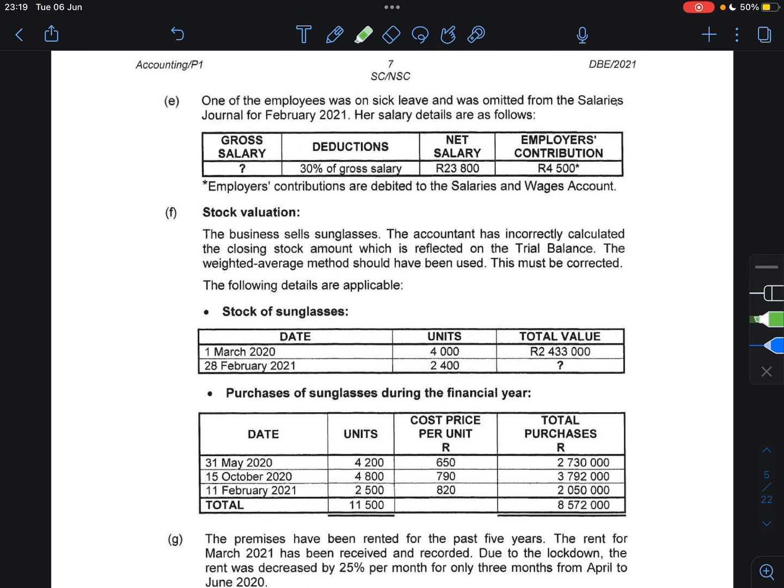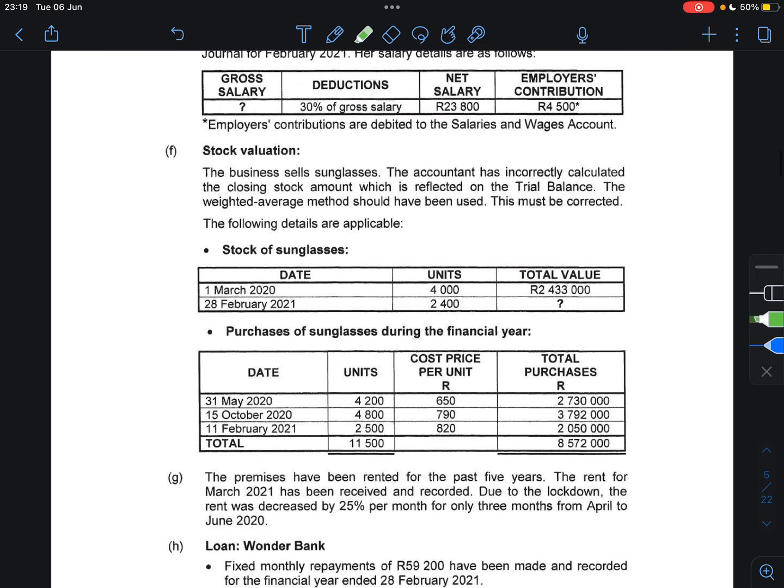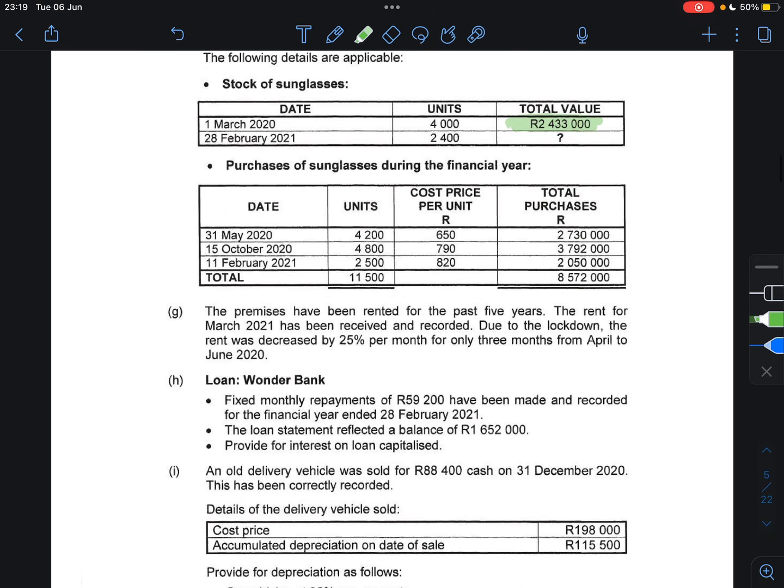It says stock valuation. The business sells sunglasses. The accountant has incorrectly calculated the closing stock amount, which is reflected on the trial balance. The weighted average method should have been used. This must be corrected. Okay, so our opening balance, this is the stock of sunglasses. Our opening balance was 2,433,000, and then we had total purchases of 8,572,000.